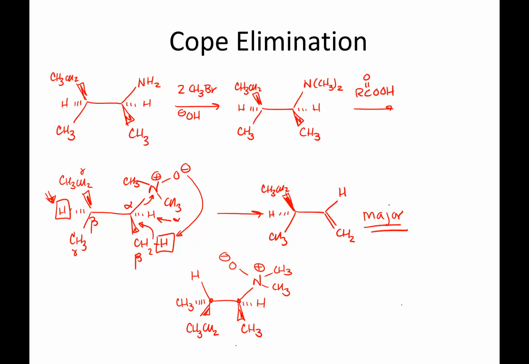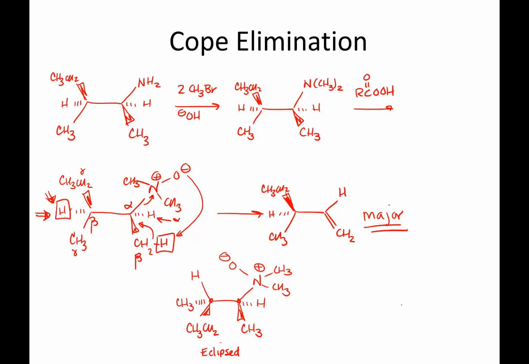What is that in a Newman projection? Now, up here, if we look down this bond, in this Newman projection, it would be staggered. So down here, this is actually going to be in the eclipsed Newman projection. Okay. And I'll write that after we do the reaction. So it's going to be eclipsed.